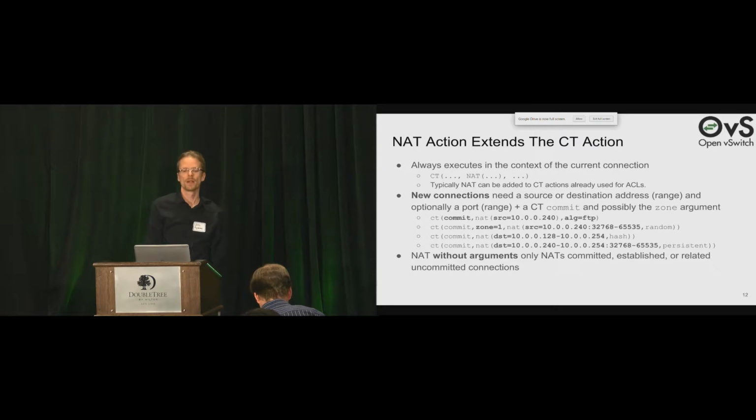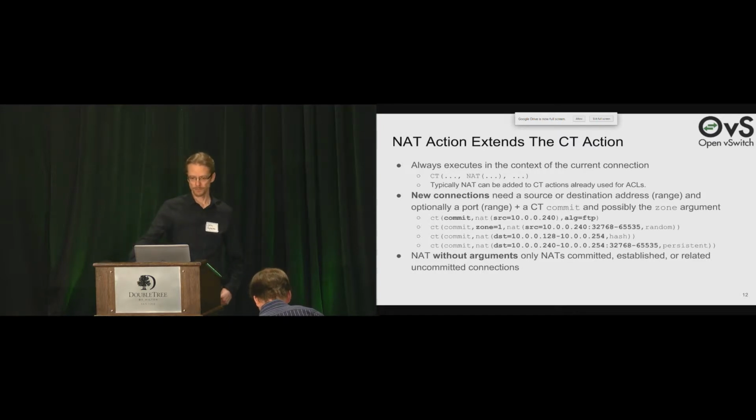So the NAT action here is an extension of our conntrack action. So it's an embedded attribute within the conntrack action itself. And for new connections, we need to supply the type of NAT we want to do. Is it source transformation or destination transformation? And then optionally, a port range as well.